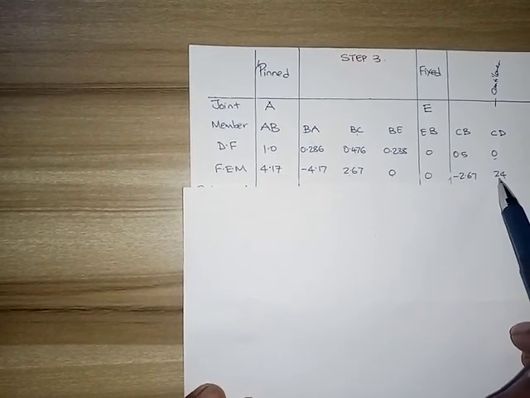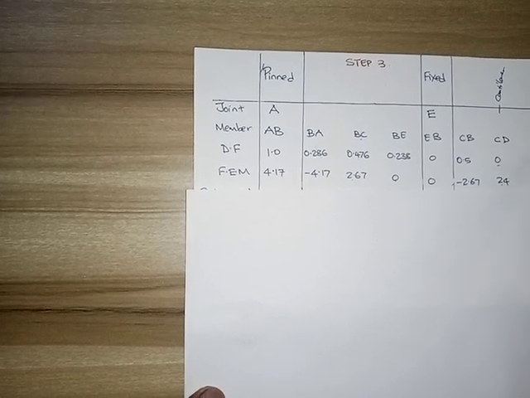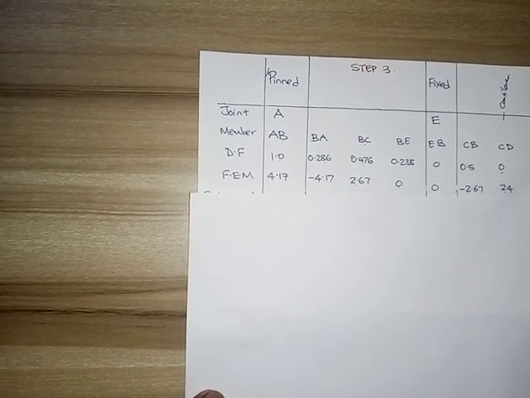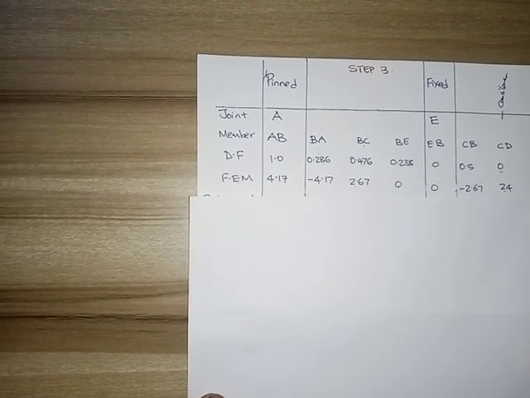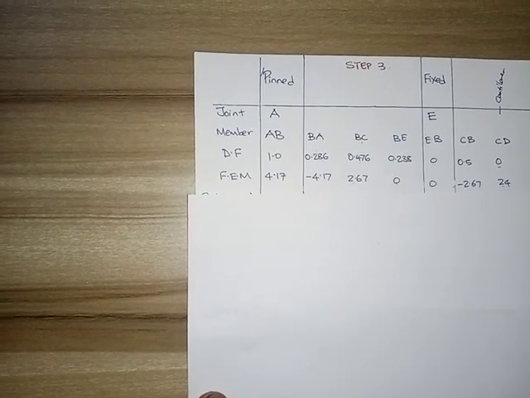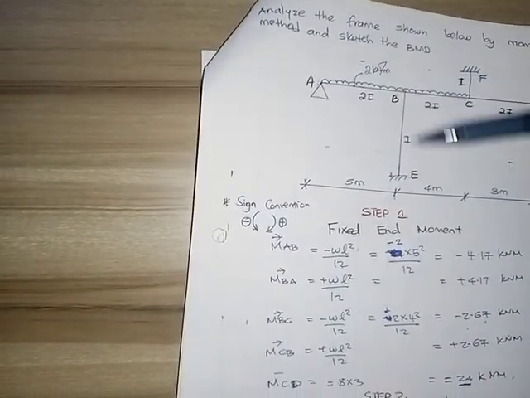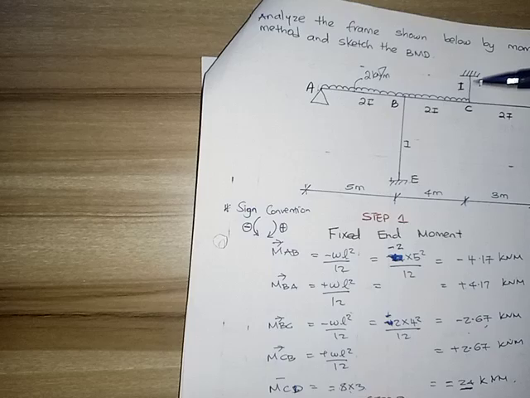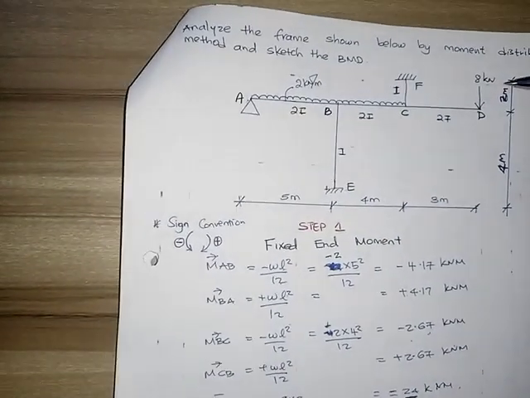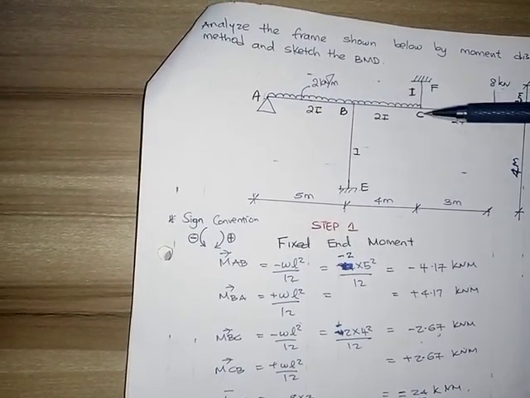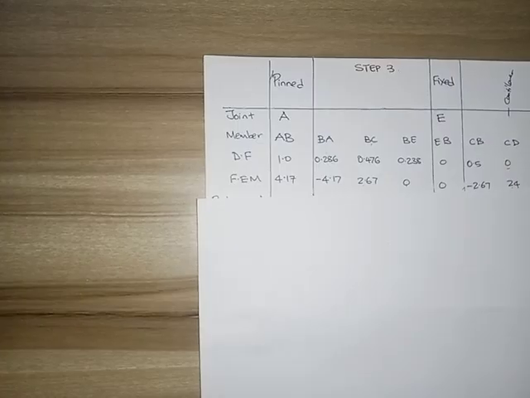For CD, the cantilever, it is 24. CF, there is no loading, so it is 0. And of course, FC also has no loading. If you look at this diagram, there's no loading in these two members.